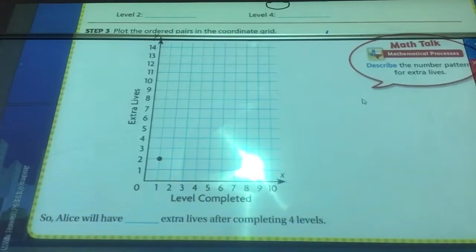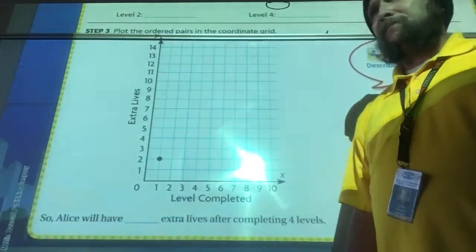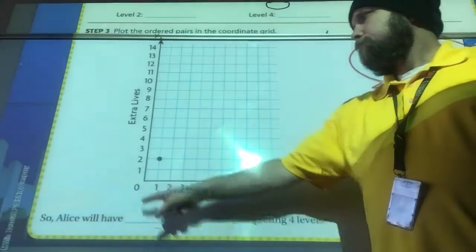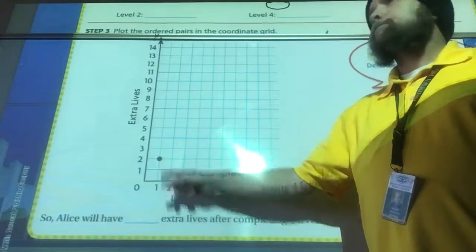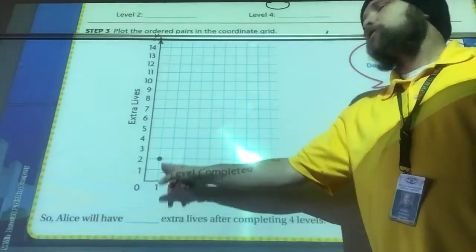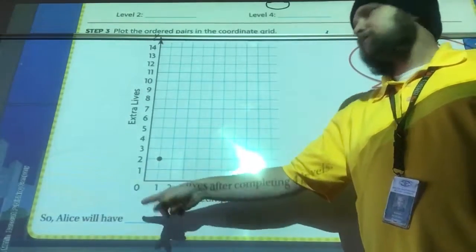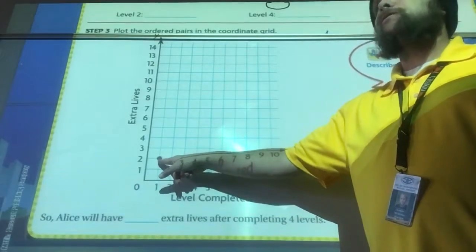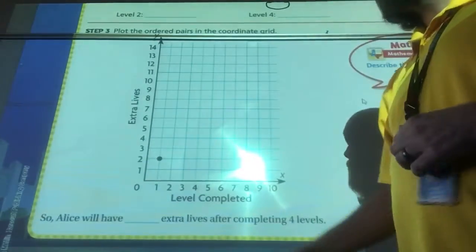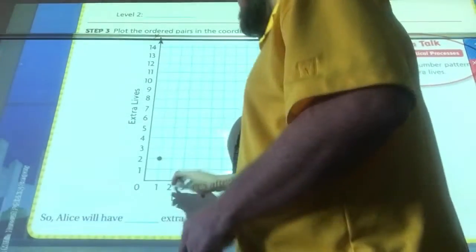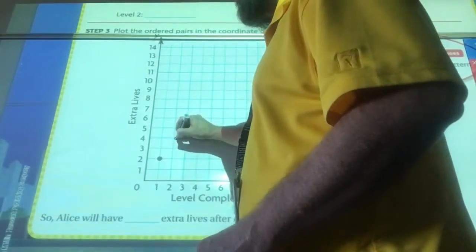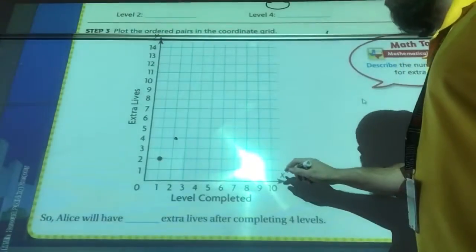So Jaden, the first ordered pair was what? 2, 4. The first one's graphed for us because they gave us that one. It's 1, 2. The second one, Jaden, is 2, 4. So 2 over, 4 up. 2 along the x-axis. That's why that's labeled.